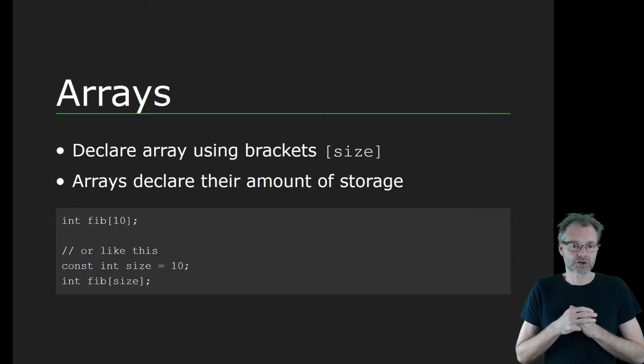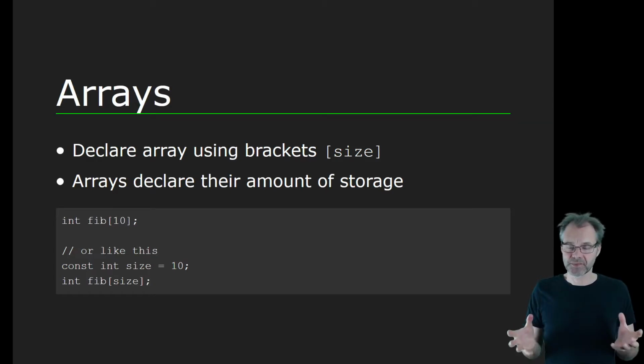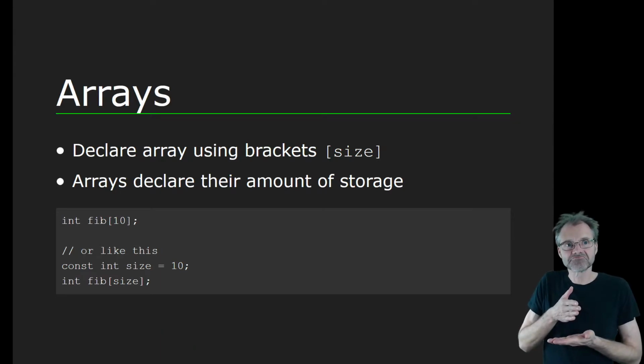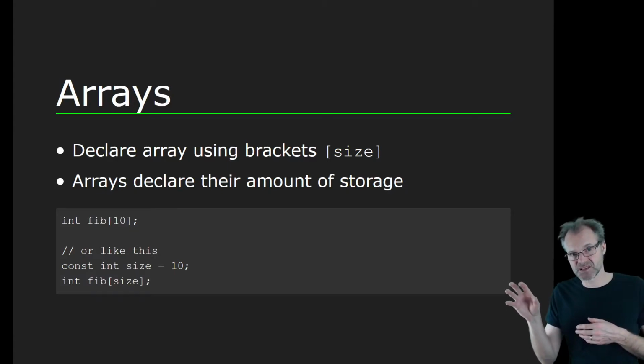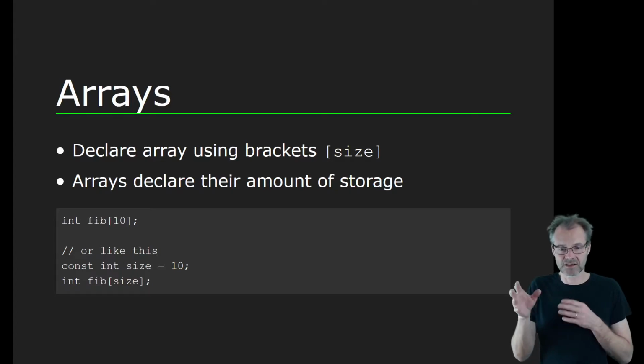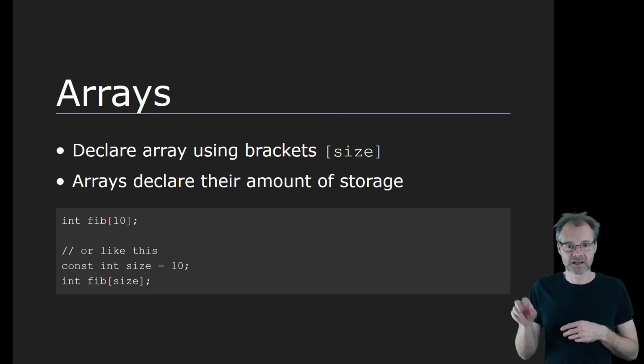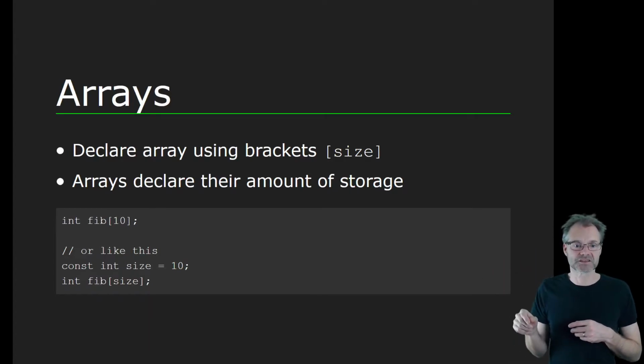So let's take a note on arrays. Arrays are arrays of a specific type. So we declare them with brackets, and then we put a size in them. In general, we can also put empty brackets, but let's see how we do it with a size here.